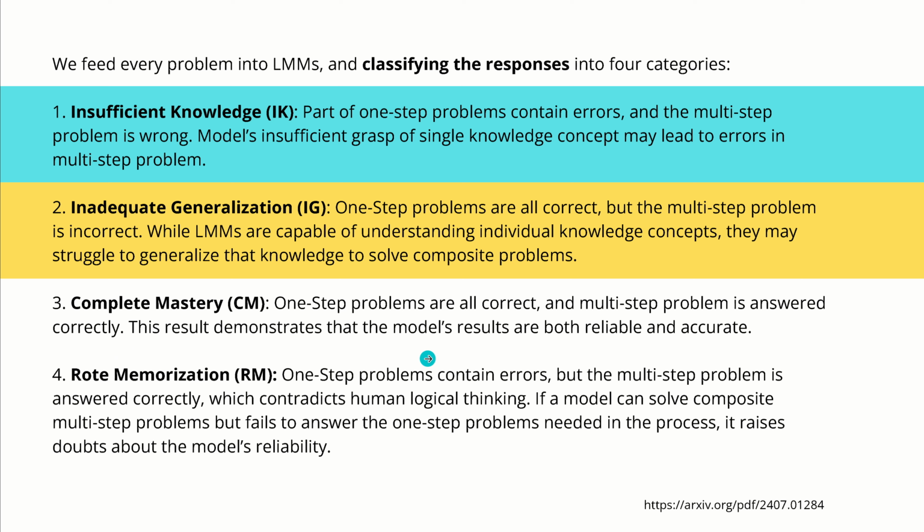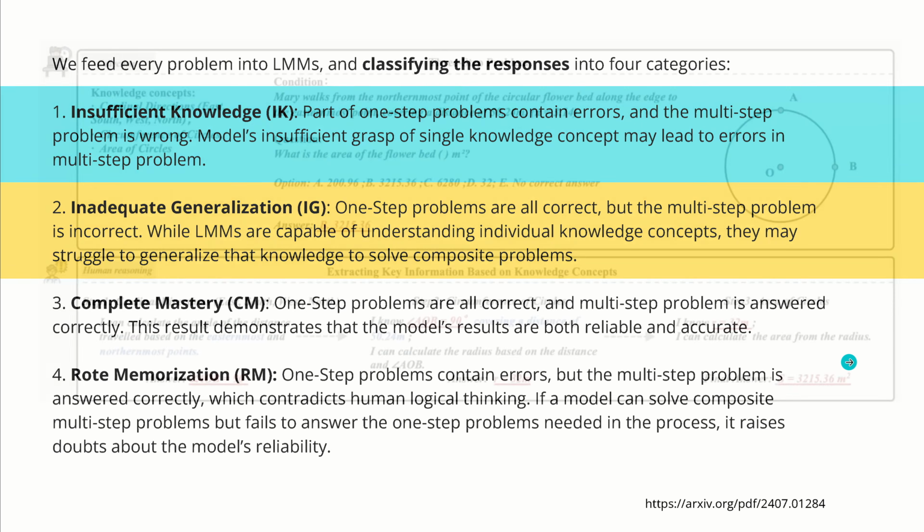The one-step problems contain errors, but the multi-step mathematical problem is answered correctly, which simply contradicts human logical thinking, and this indicates that the solution was maybe memorized but not understood in its particular parts, how to solve these problems. So you see, insufficient knowledge, inadequate generalization, just perfect mastery, and something goes wrong.